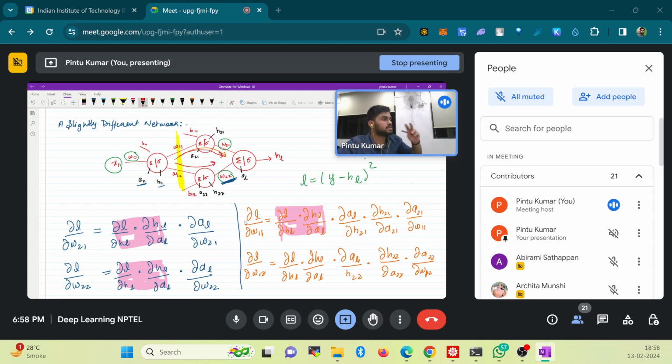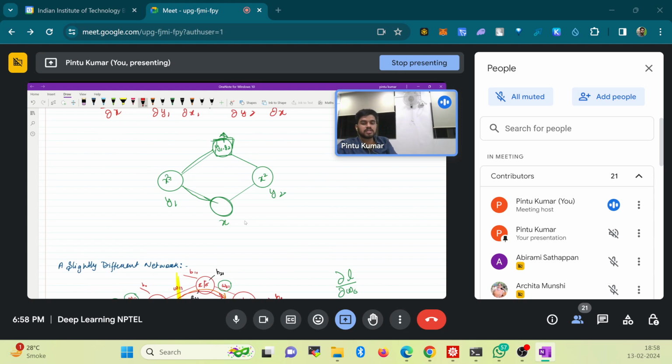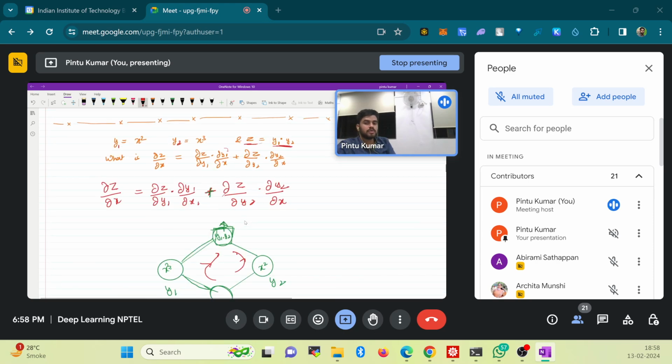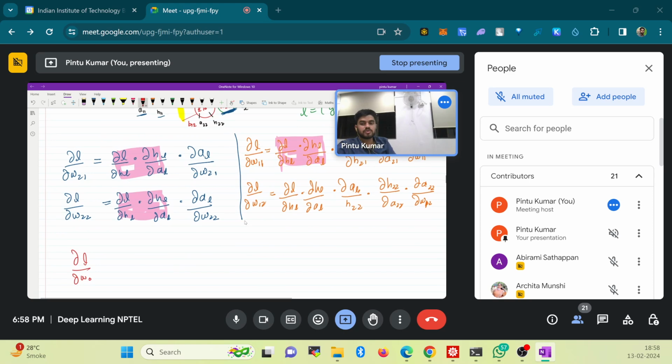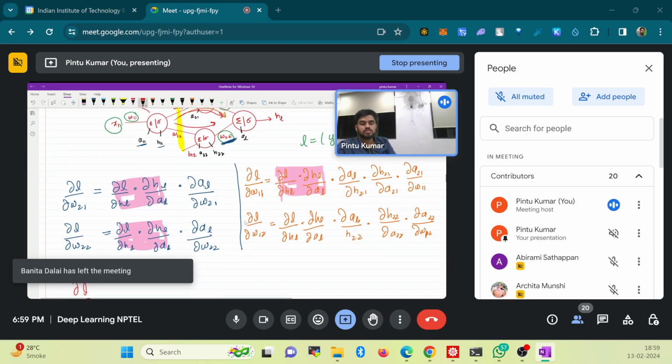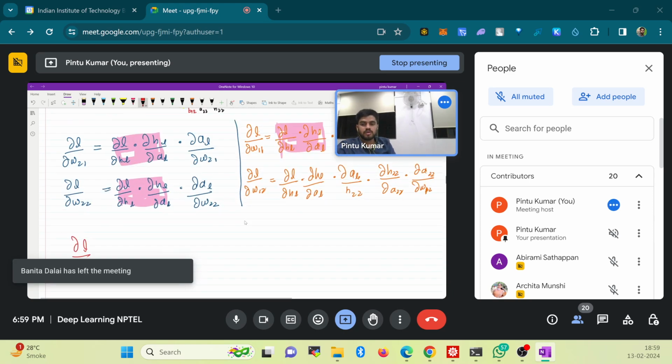So we should take the sum of both paths, similar to what we did over here, where there were two paths via which X was traveling to Z via Y1 and Y2, and we took their sum in the partial derivative. Similar thing we will do here also. We'll start and see what happens.